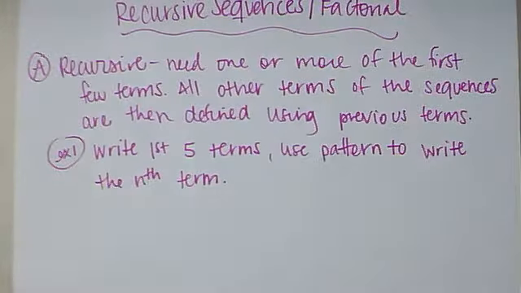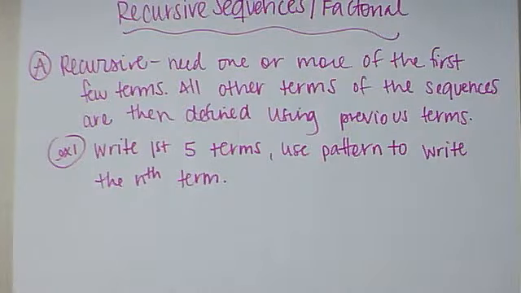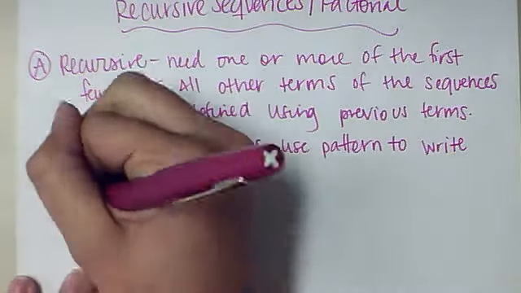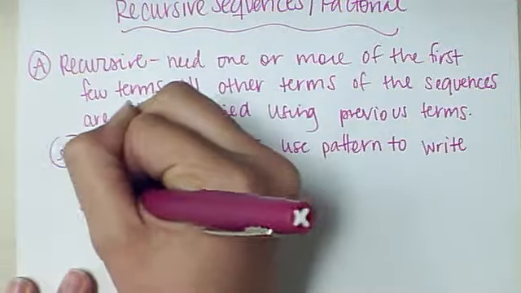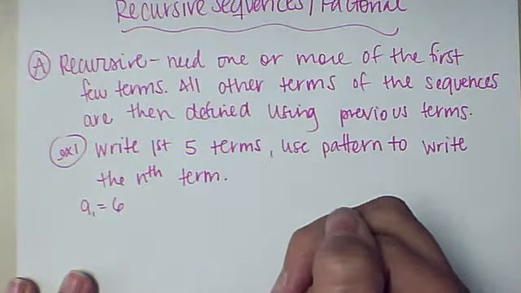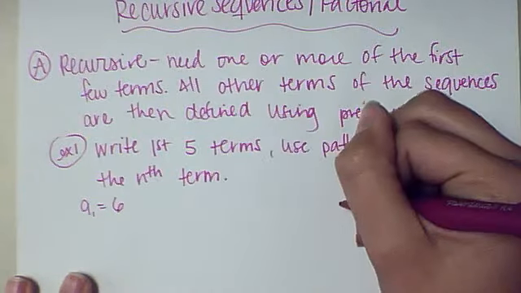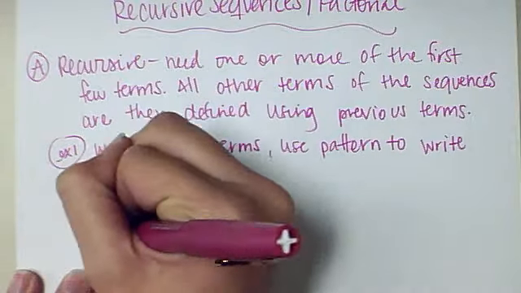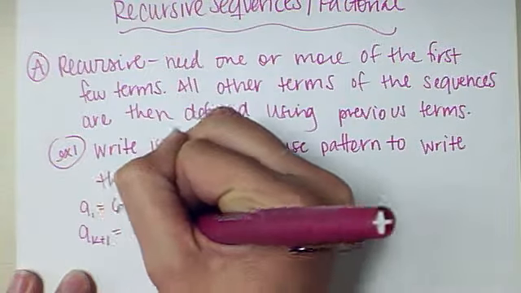So I want you to give me the first 5, and then I want you to give me a sub n and tell me for any one how would I define that. I'm going to tell you that a sub 1 equals 6, and that a sub k plus 1 is a sub k plus 1.